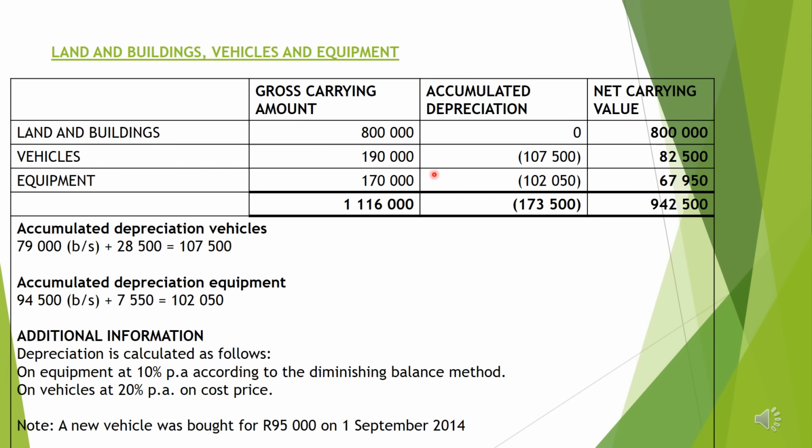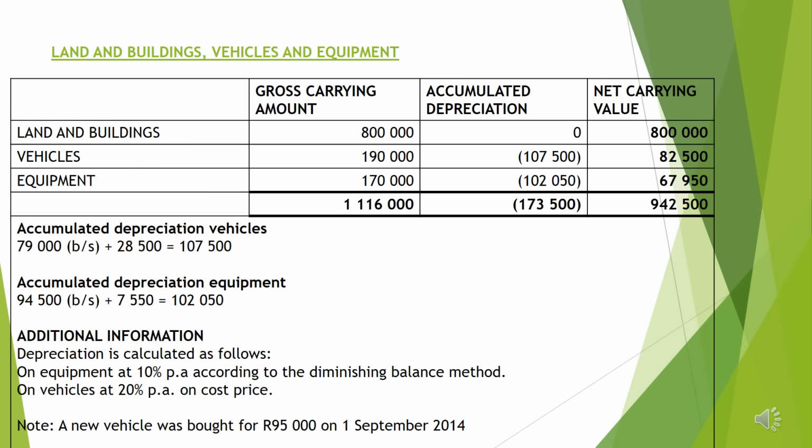Then you have equipment which has a cost of 170,000 rands. Remember, whenever we record fixed assets or non-current assets, we record these assets at their historical cost, the amount in which they were paid for or bought for.